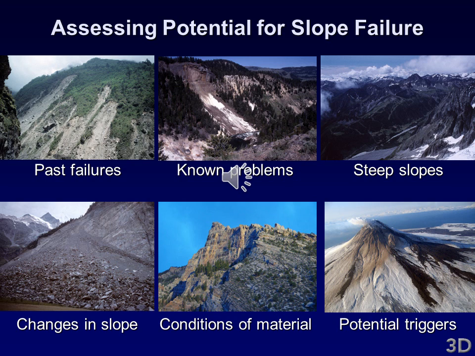Conditions of materials. This is looking at the Green River. These layers of rock are gently dipping with vertical joints that are parallel to the cliff. So because they're parallel to the cliff, that allows them to move more easily.